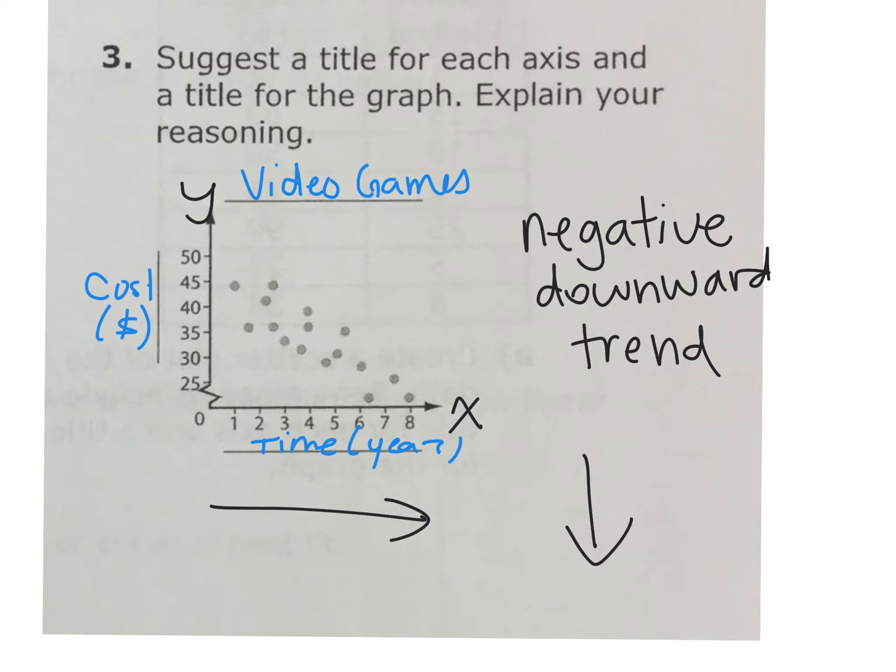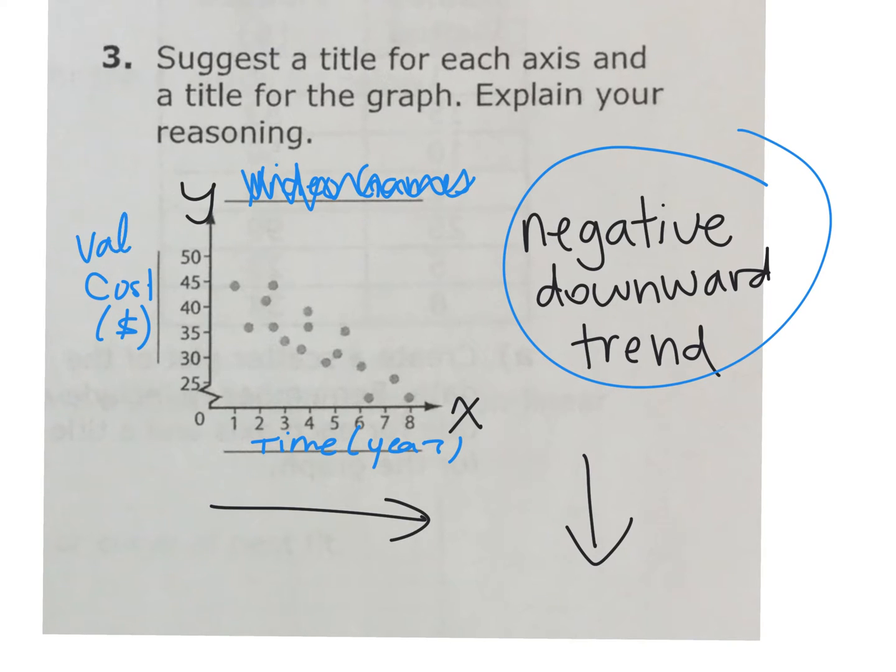Okay, can someone think of another example that would show a negative downward trend? Shanthan said, as time passes, the worth, the value of a car goes down. The older the car, the less it's worth. Excellent example, okay?